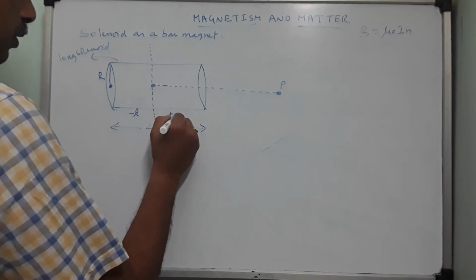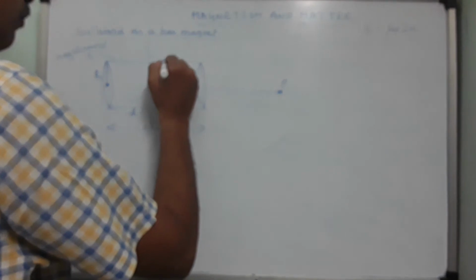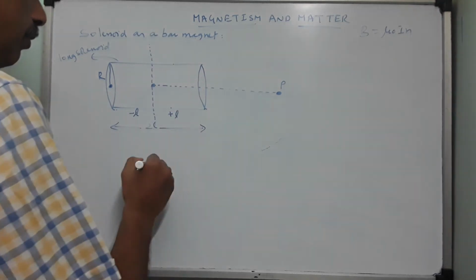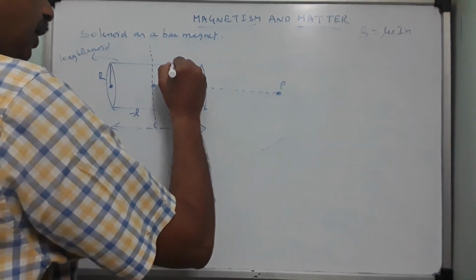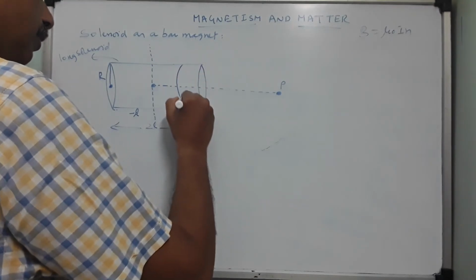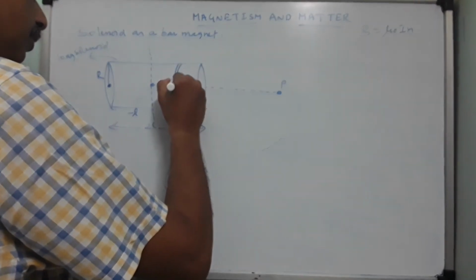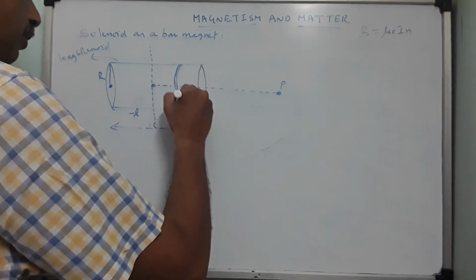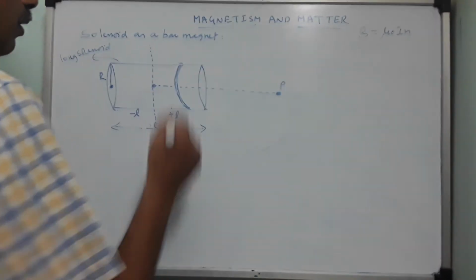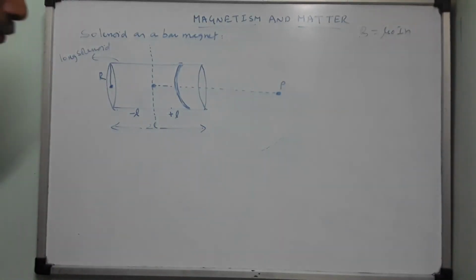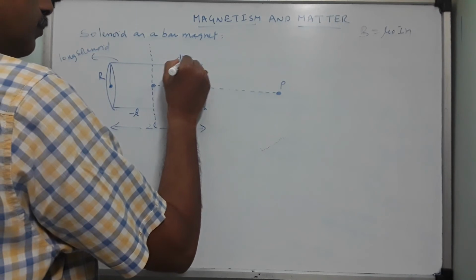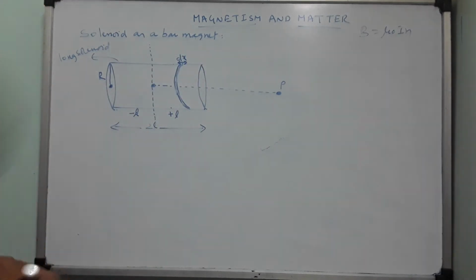Minus L and this is plus L. Now what I do: at some distance x from the central axis, the transverse, perpendicular axis, I imagine a small element whose thickness is dx. This is dx, children. Dx is so small that delta x tends to 0.